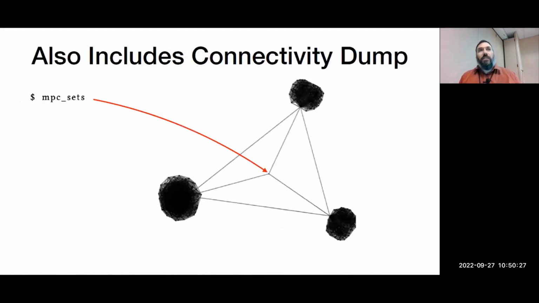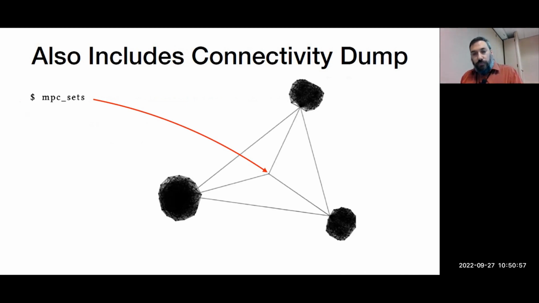And here you can easily get this kind of graph, which shows the connectivity between your jobs. So here you can see you have 3 jobs that are connecting through their root processes. And the dot in the middle is actually the MPC sets command, which also creates the jobs and connects to the other running jobs. And this graph was obtained using the MPC sets output.